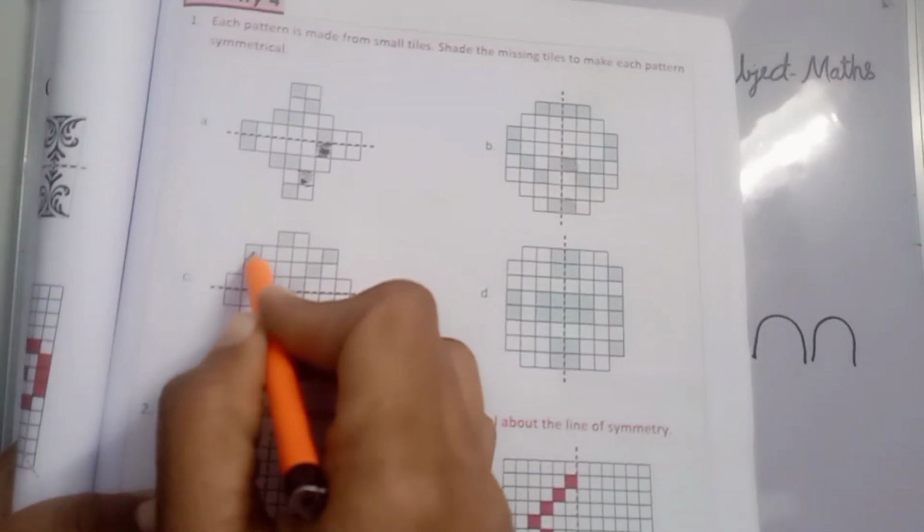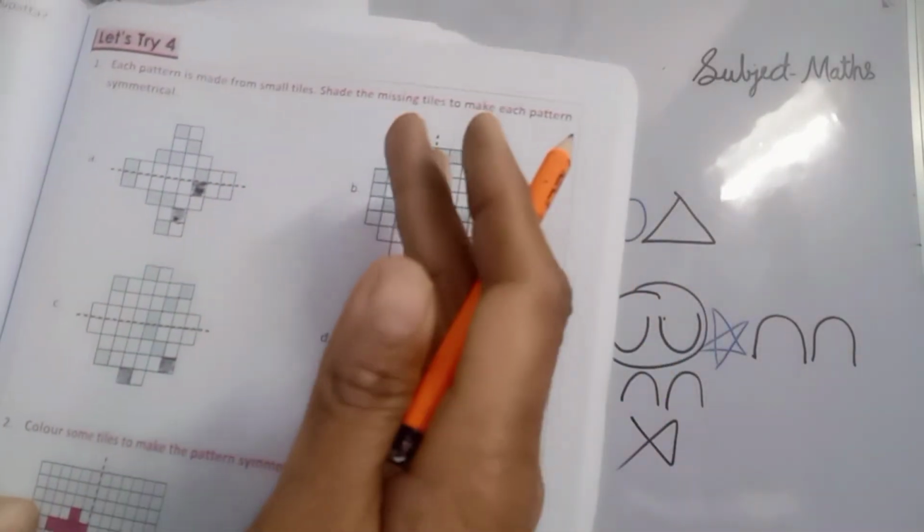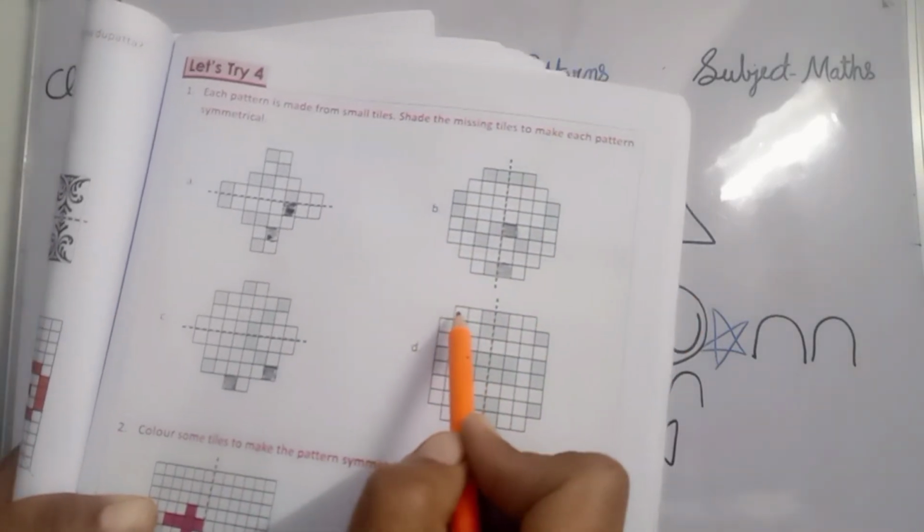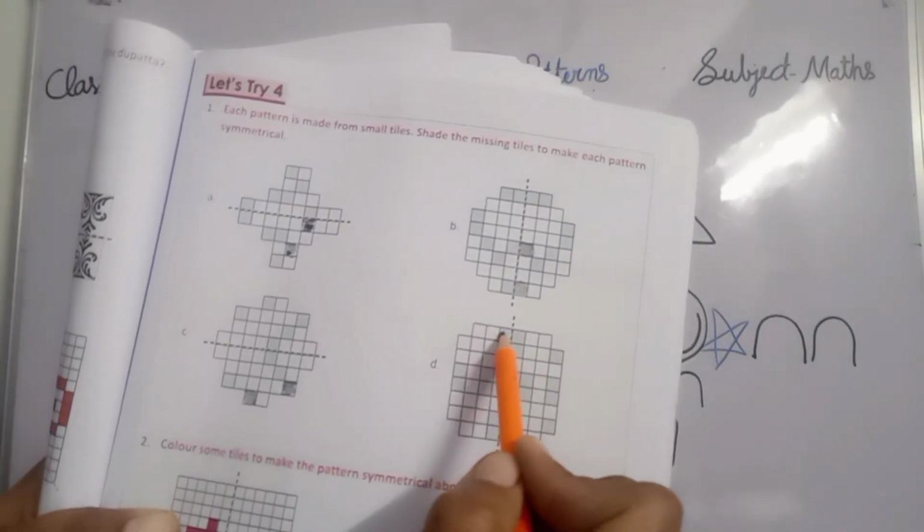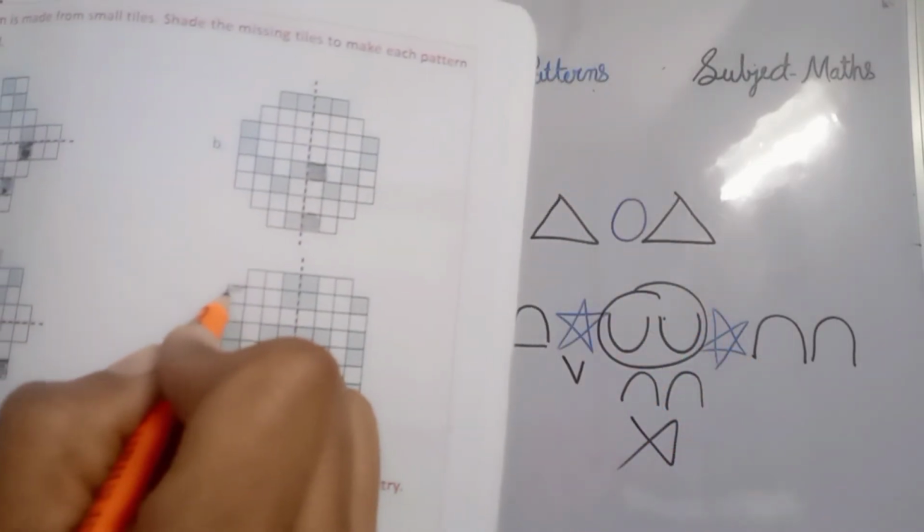This is whole empty, this is similar, this is similar. Clear? In this manner this should be similar to this one, so we'll check from the top. Both are similar. In this part this is not similar, so we have to color this.